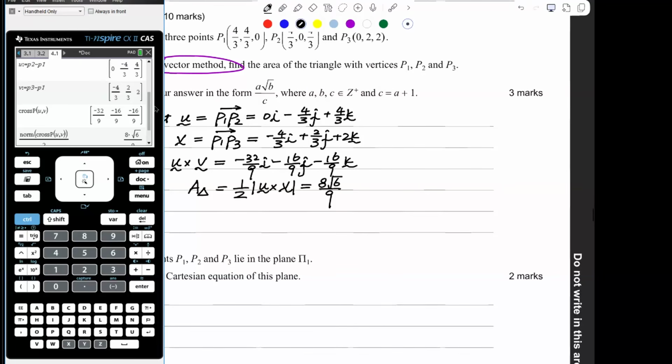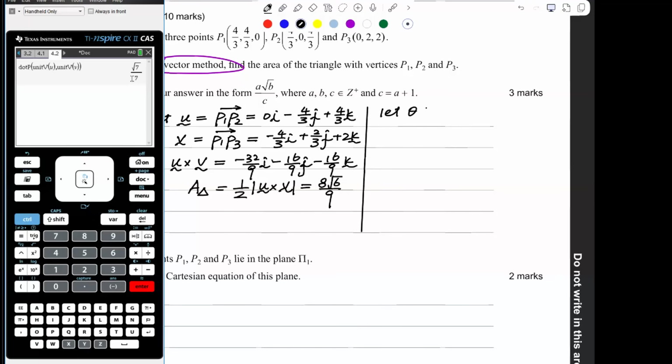If you say, okay, how about half ab sine C? Well, it's doable. If you take the dot product of unit vector U and unit vector V, this will give you cosine theta.